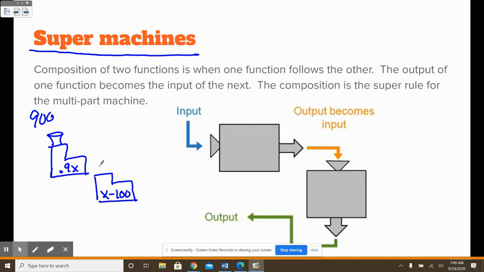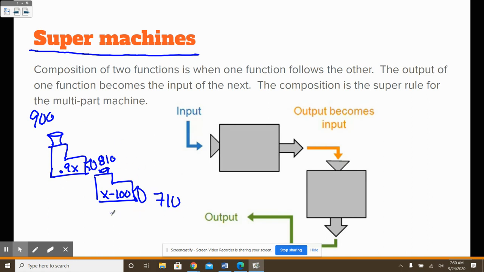It shot out 810 after you took the 90% of it. And then that went right into the second machine, which subtracted 100, giving 710. So the output of one function became the input of the next.